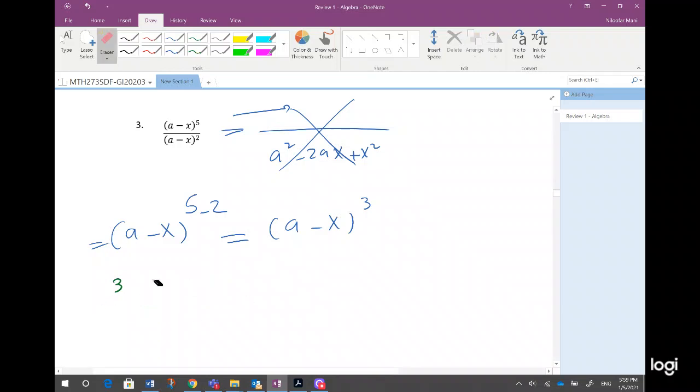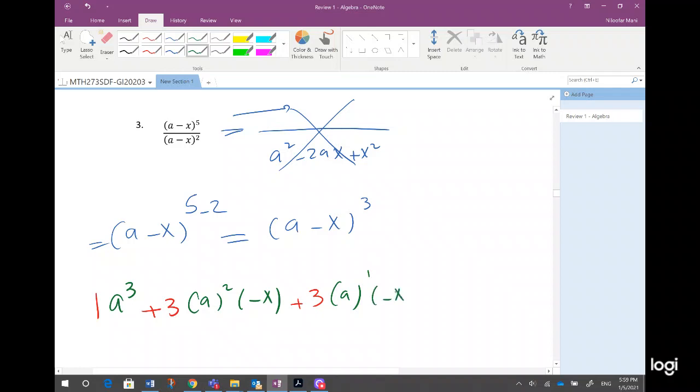Okay, so it is like that. It is A to the power 3, plus 3 A to the power 2 minus X, and plus 3 A to the power 1 minus X to the power 2, and again plus 1 here, minus X to the power 3.